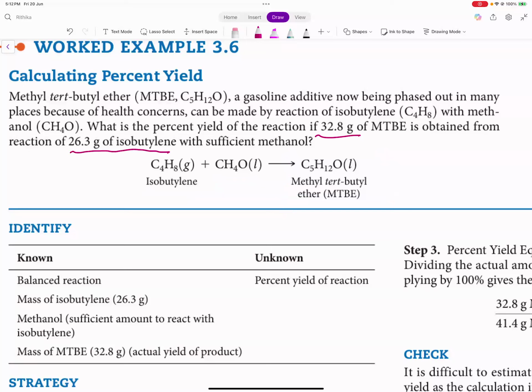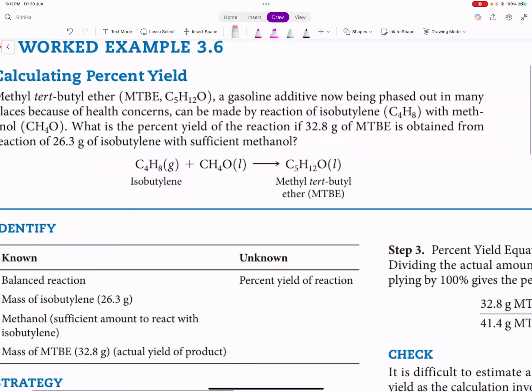So I have 26.3 gram of isobutylene, and they are saying that we actually got 32.8 gram in the lab.